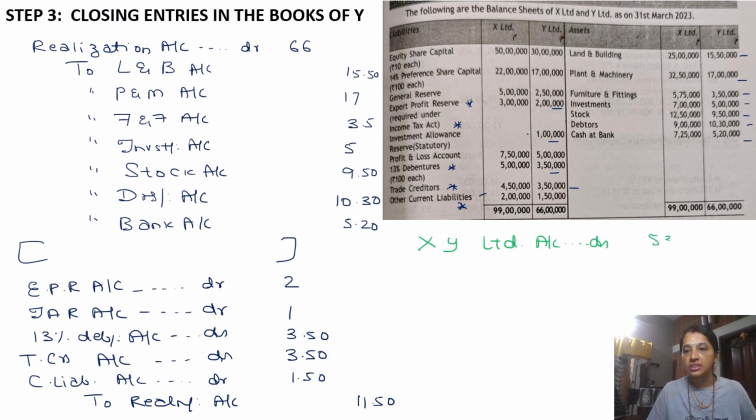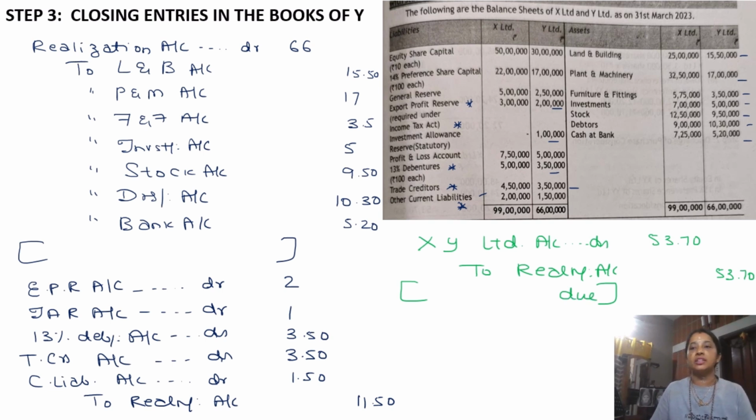Y company purchase consideration is 53,70,000 to realization account. Amount is 53,70,000, being purchase consideration due. This is purchase consideration due.